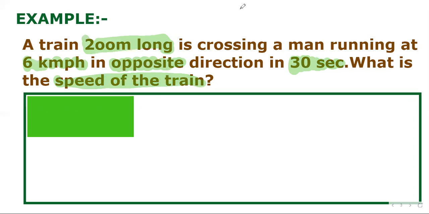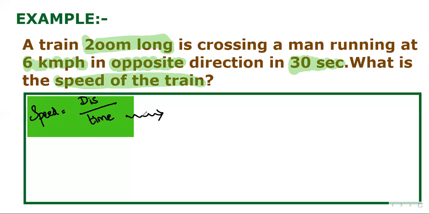We know very well the basic formula: speed is equal to distance by time. We are going to make small changes in these terms according to the scenario provided to us. Here a train is crossing a man in opposite directions, so speed is nothing but the relative speed.